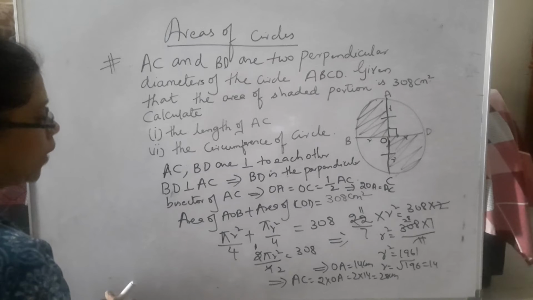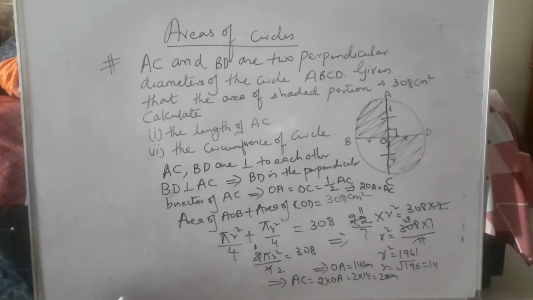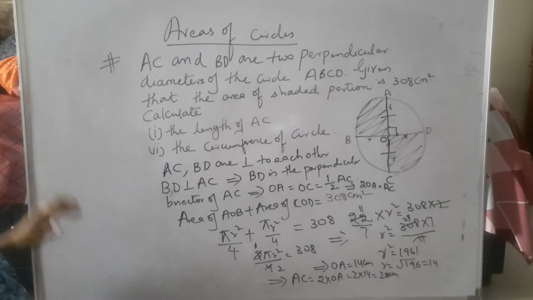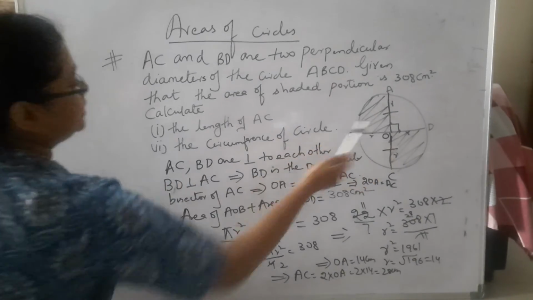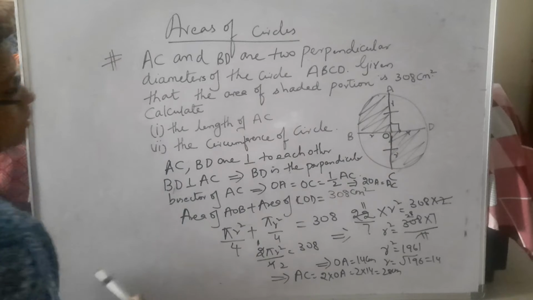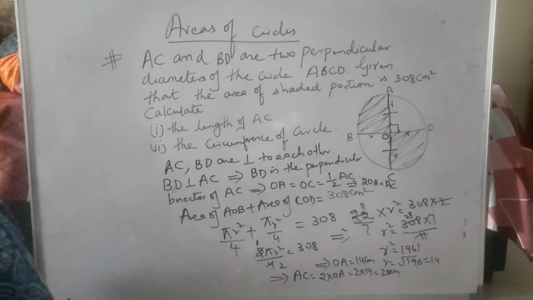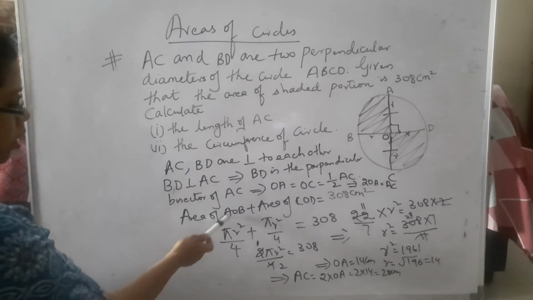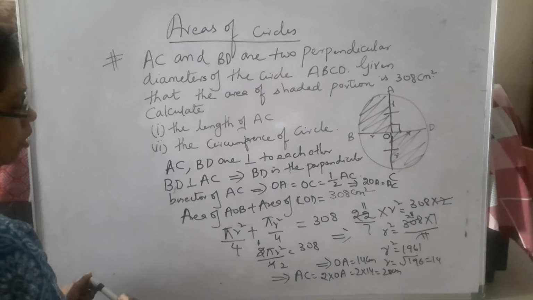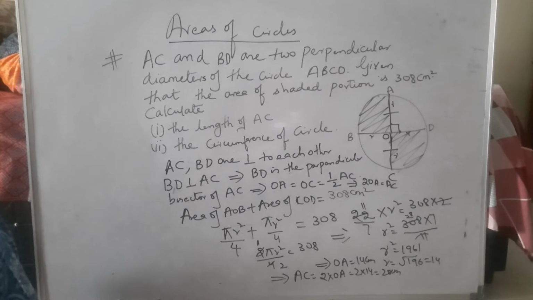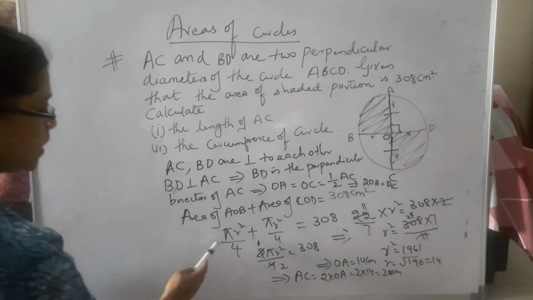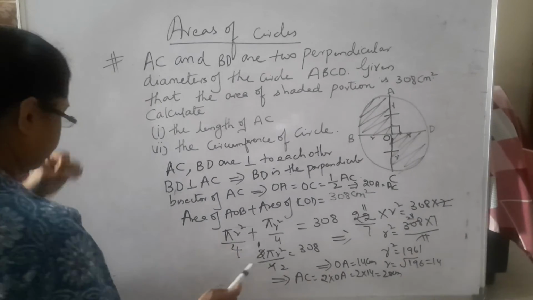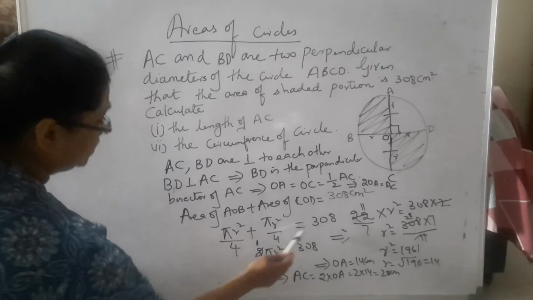It's nothing but twice OA is equal to AC. Now it's also given that the area of the shaded region is 308. So this plus this is 308, but these two look like quadrants. A quadrant is half of the semicircle. So area of AOB plus area of COD is 308. Area of a semicircle is pi r square by 2, so area of a quadrant is pi r square by 4. So pi r square by 4 plus pi r square by 4 is 308.